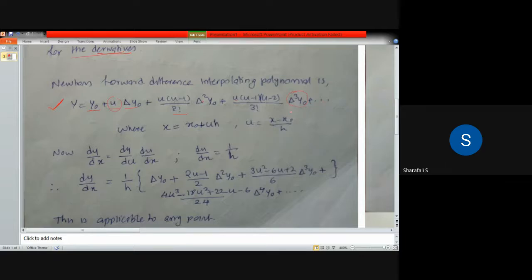This is the equation for that interpolating polynomial. This one we already discussed.